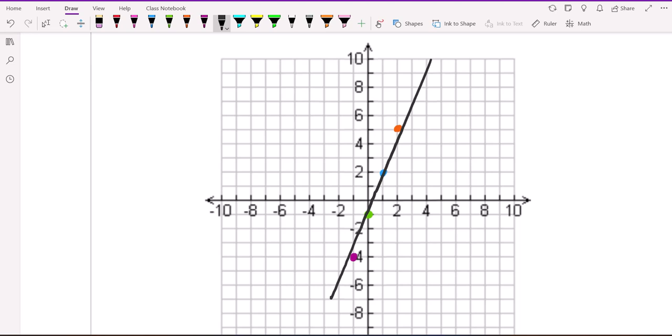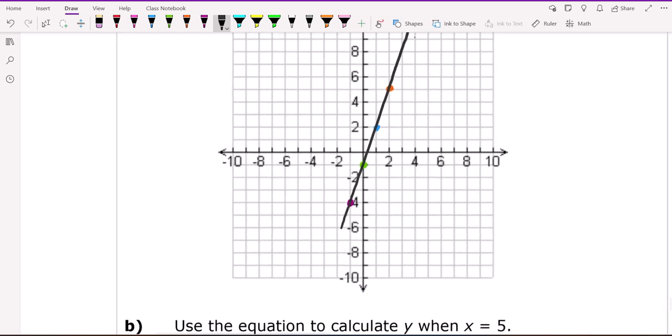Oops, that's off. All right. So your line looks something like that.